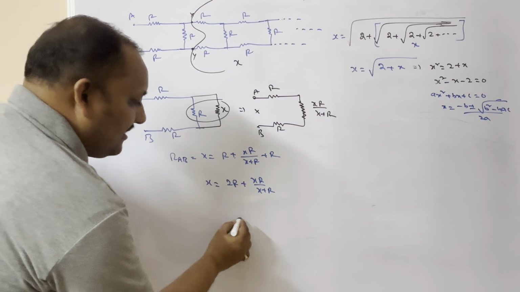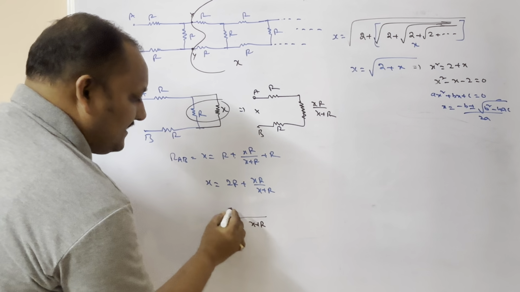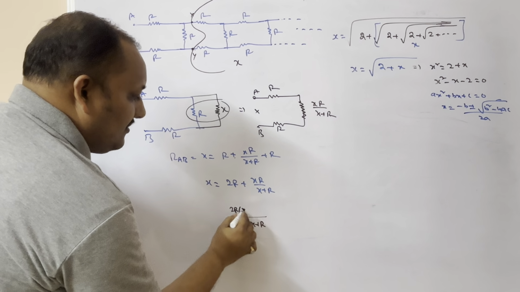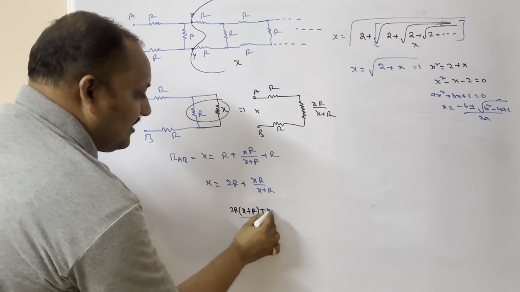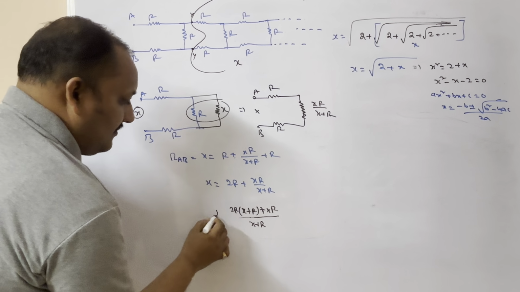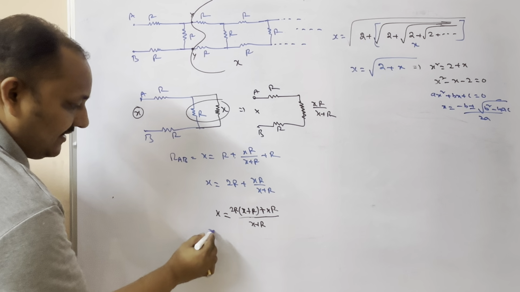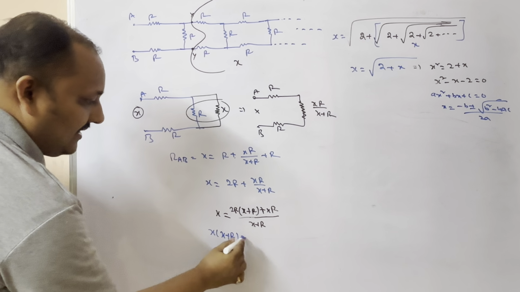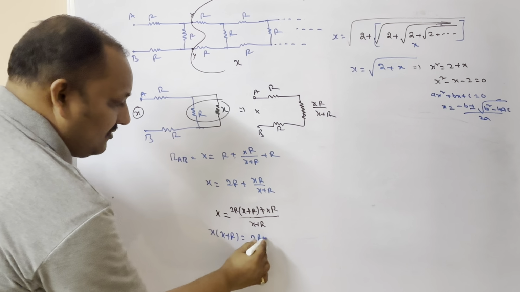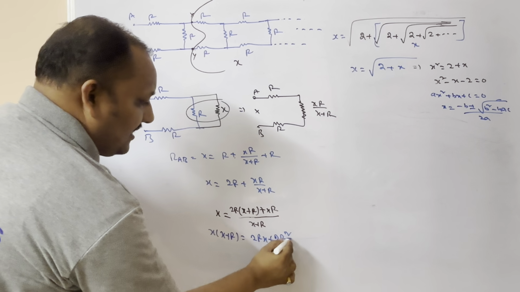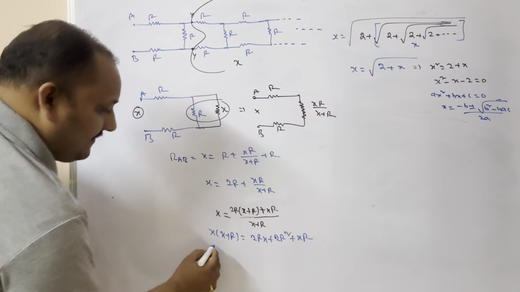What is the LCM here? X plus R. 2R into x plus r plus xr. That is going to be x equal. This one you can bring to this side. X into x plus r is equal to 2rx plus 2r square plus xr.